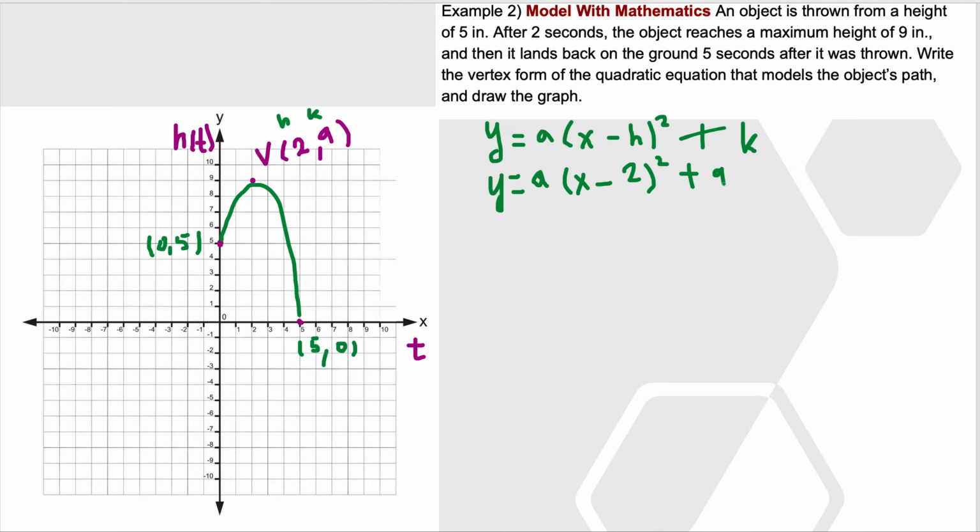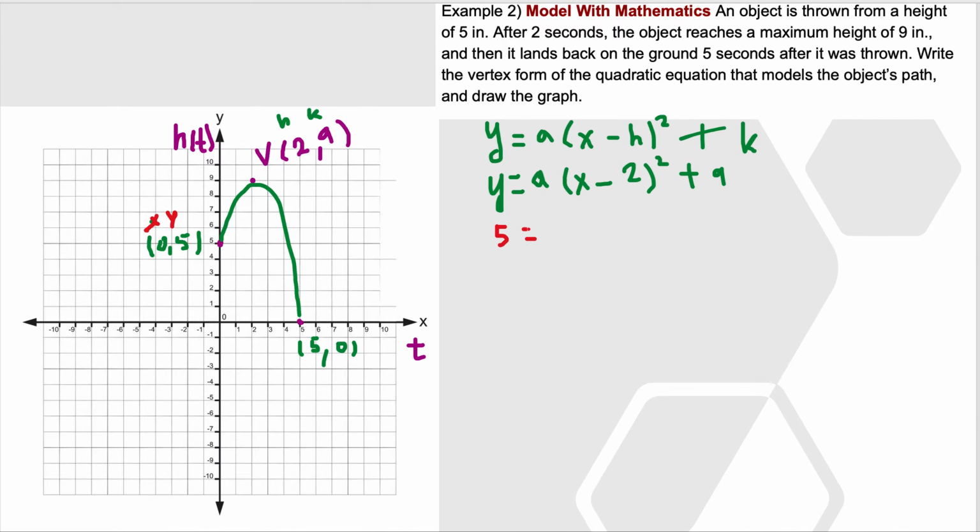But now I have to choose one of the points. I'm choosing this point. The coordinates of this point are x and y. x is 0 and y is 5. So I have these 2 points. And now I'm going to use those coordinates. y is 5, so I'm substituting here 5.